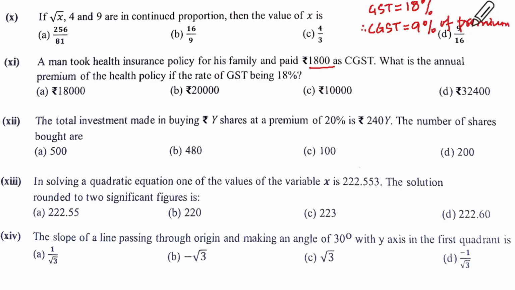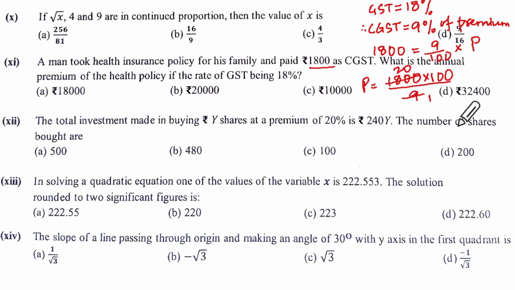Whatever I have to pay, 9% of that will be CGST. So 1800 is equal to 9 upon 100 into premium, I'm writing P. So P will be equal to 1800 into 100 upon 9. 9 twos are 18, so 20,000.